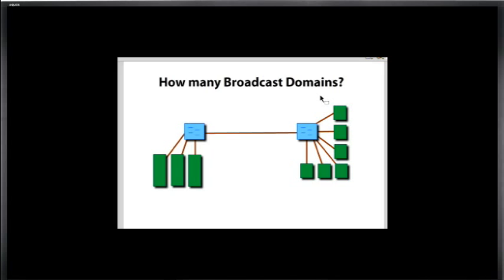If you look at this example right here, you've got a switch. This is the symbol for a switch. And you've got all these computers, and you have, let's say, these servers here. And let's say the scenario actually looked a little bit more like this, and we were talking about hubs instead of switches.